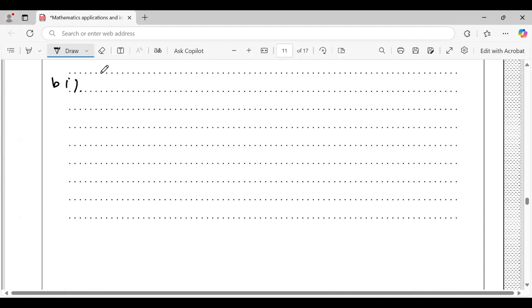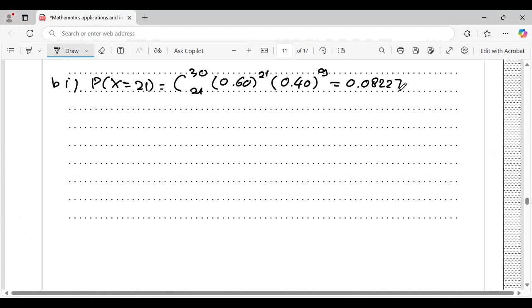We use the probability formula, probability X equal K, the combination, if this is 21, so it becomes 30 choose 21 times 0.60 power 21 times 0.40 power 9, and if you calculate, the result is 0.0822752, or rounded, 0.0823.